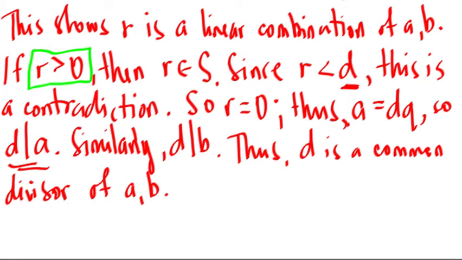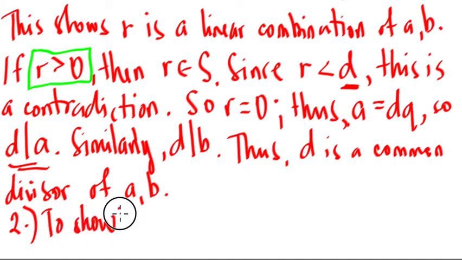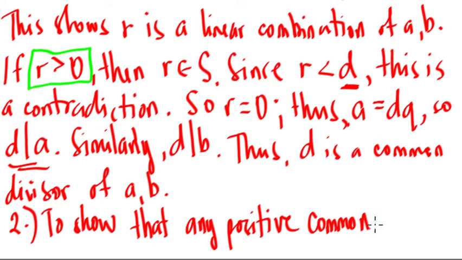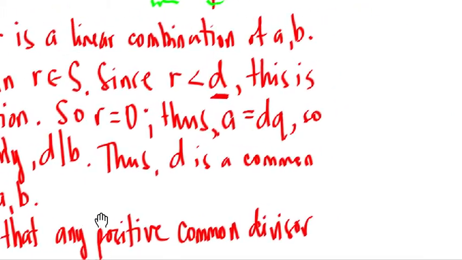Now, for number 2, the second one that we want to show, is that any positive common divisor, we will call that D prime.